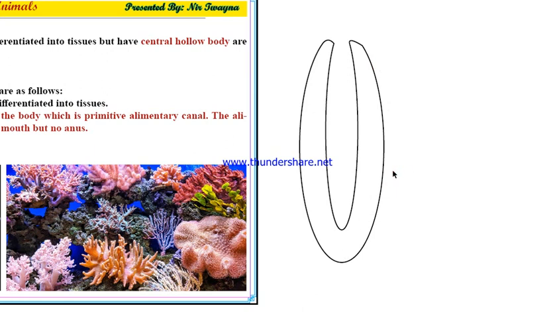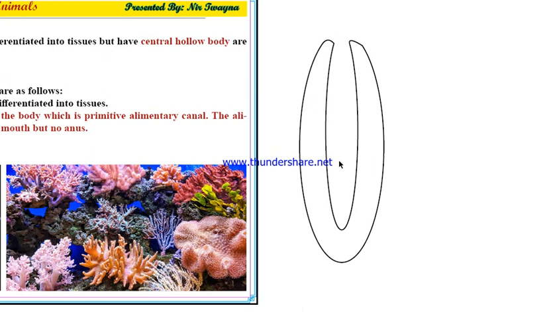The body is non-absorbing. In Porifera, the body surface is absorbing, but in Coelenterata, the body surface is non-absorbing. That's why they cannot absorb water from the surroundings. They have to take in water from this opening.